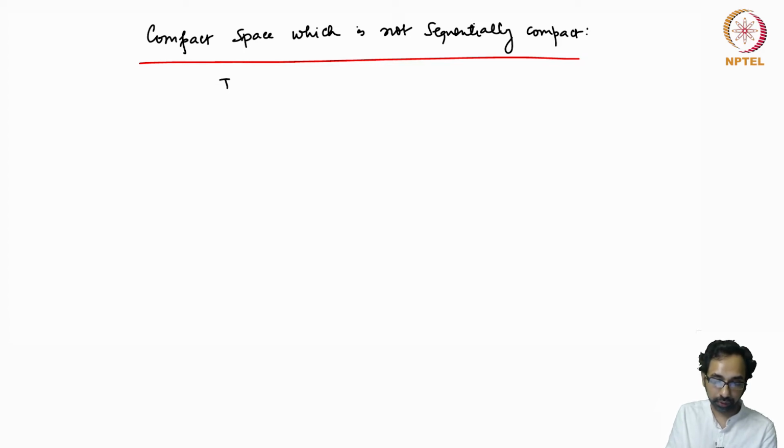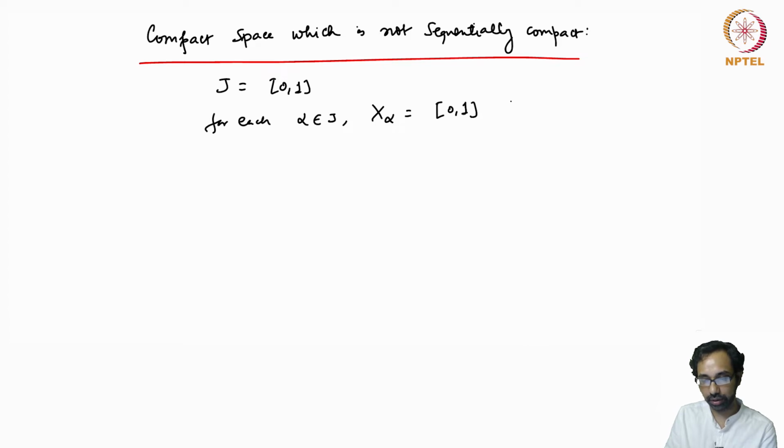For the index set, we will take J to be the unit interval [0, 1], and for each alpha in J, we let X alpha be the same unit interval with the standard topology, the subspace topology from R. And of course, by the Heine-Borel theorem, we know that each X alpha is compact for all alpha.